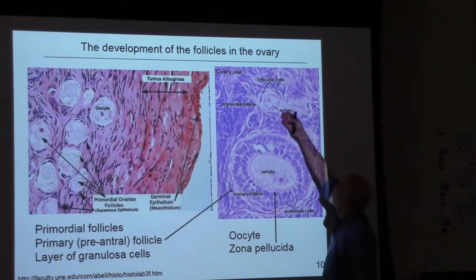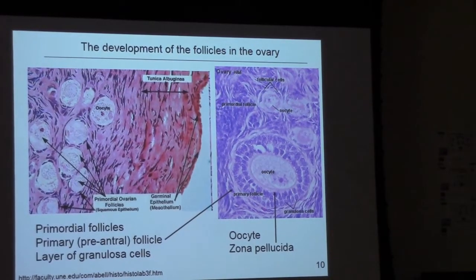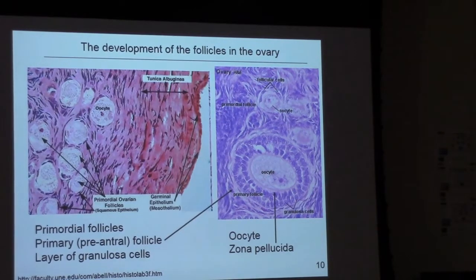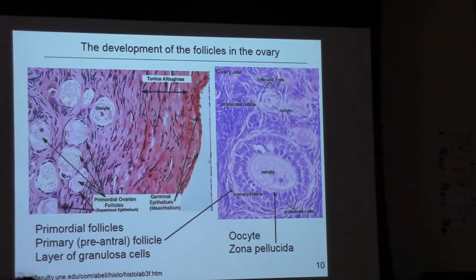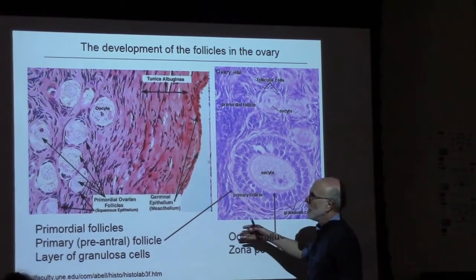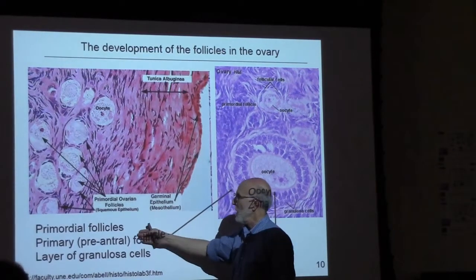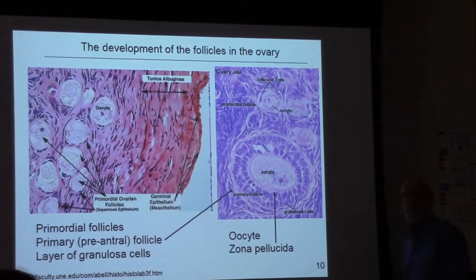Here's a primary oocyte, which is just really a primordial follicle that has the oocyte in it. So, words to know: zona pellucida, oocyte, primordial, primary, follicle, and granulosa.